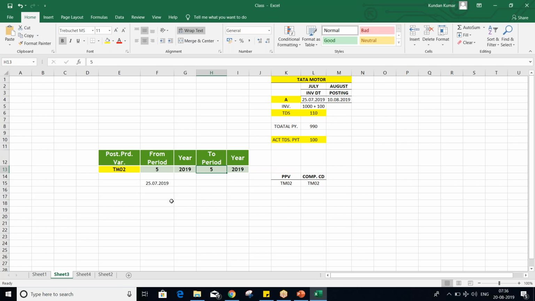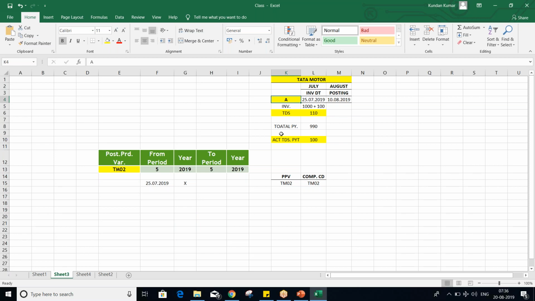Now here the user is posting in the previous period, so the system will not allow posting the transaction. This person is going to receive an error. The system will throw an error saying that period 04 is not open, or period 04 is already closed.